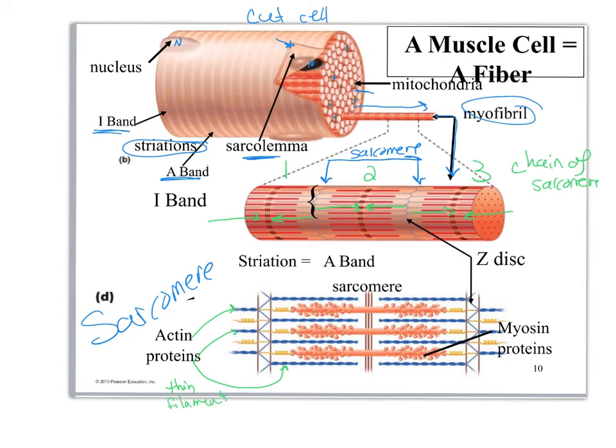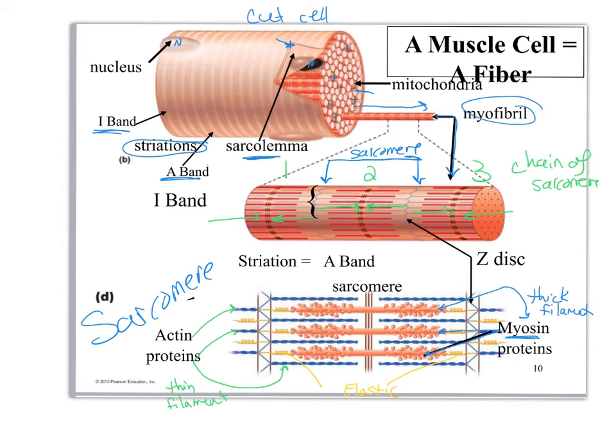And then right here, the red lines, those are all myosin proteins, and we call these thick filaments. And then we'll just continue using red, and we didn't really mention this on the previous slide, but we also have elastic proteins at each Z disc, which help with recoil after the contraction is done.